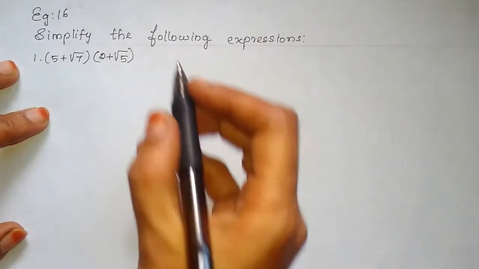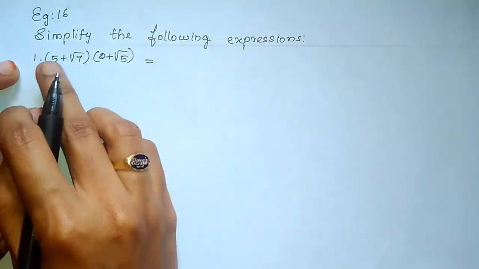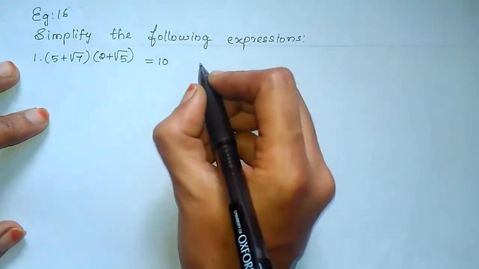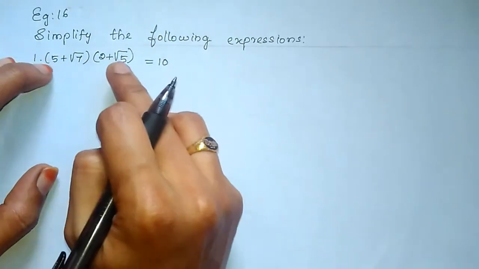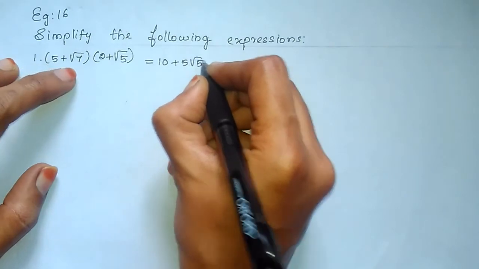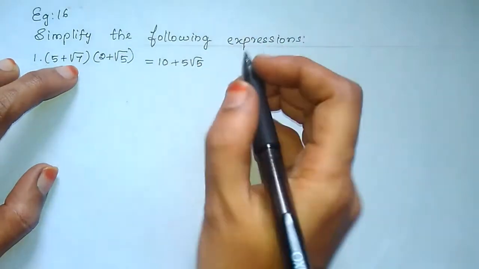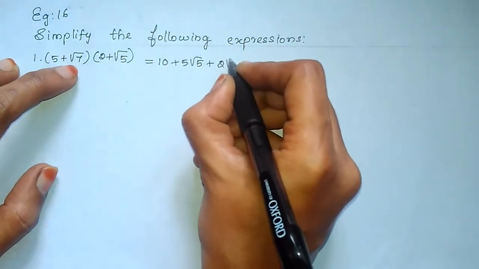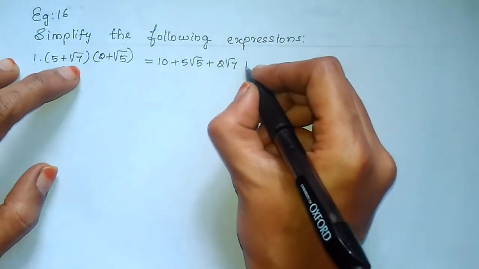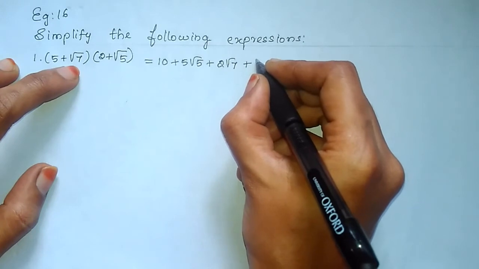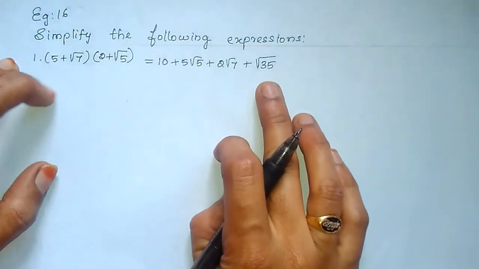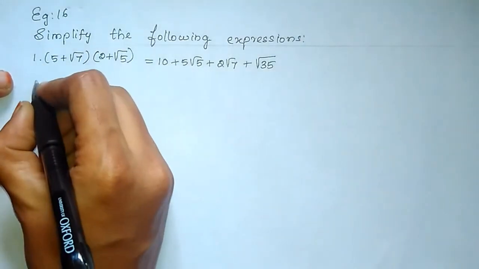So we can multiply this, which is equal to 5 into 2, 5 twos are 10. Then 5 into root 5, so plus 5 root 5. Root 7 into 2, plus 2 root 7. Root 7 into root 5 is root 35, 7 fives are 35. So this is the answer.